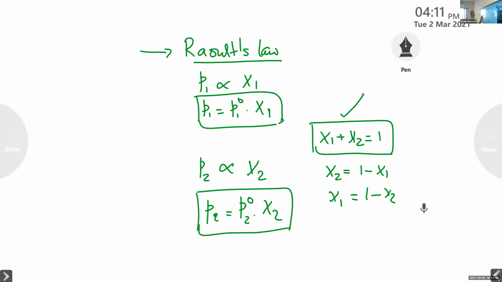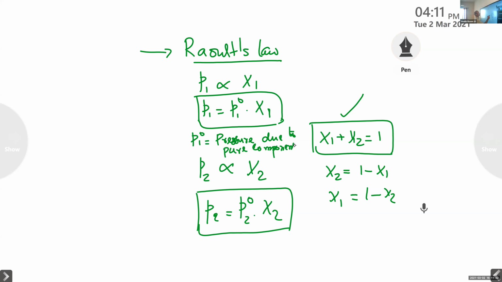So, P10 is equal to the pressure due to the pure component 1. There is only one component, pure component 1.